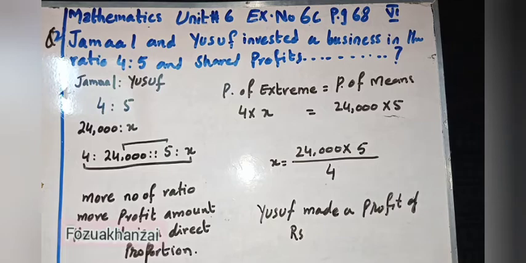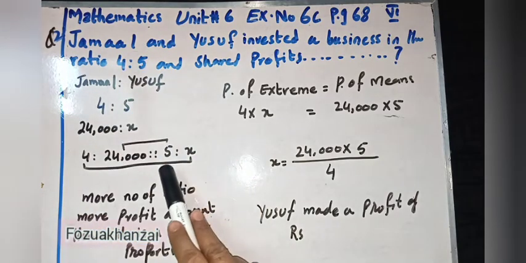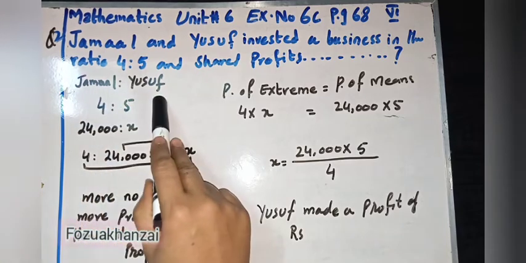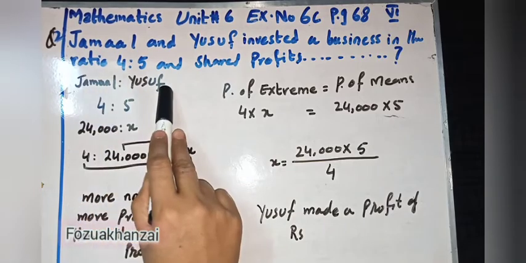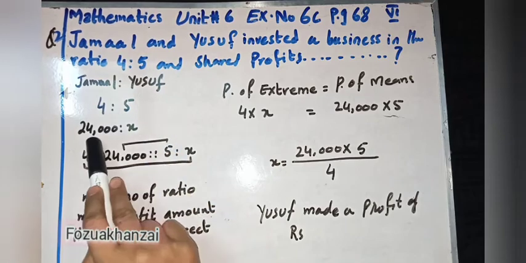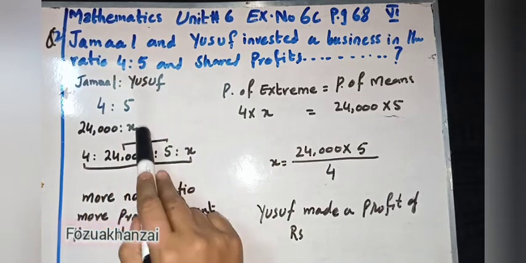According to the ratio, 24,000 is the profit amount of Jamal, and according to the ratio 5, find the profit amount of Yusuf. Two persons are given, Jamal and Yusuf.